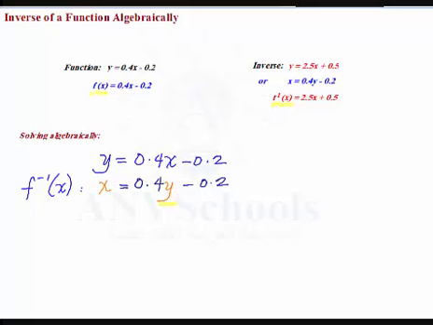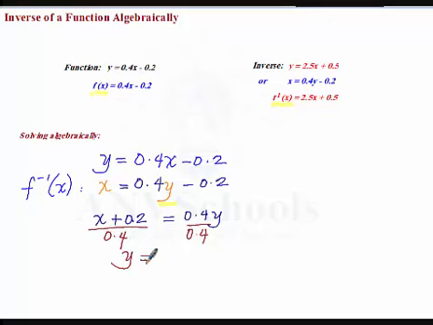So solving for y in this case gives us x plus 0.2, which is equal to 0.4y. To get rid of the numerical coefficient of our y, we need to divide both sides by 0.4.